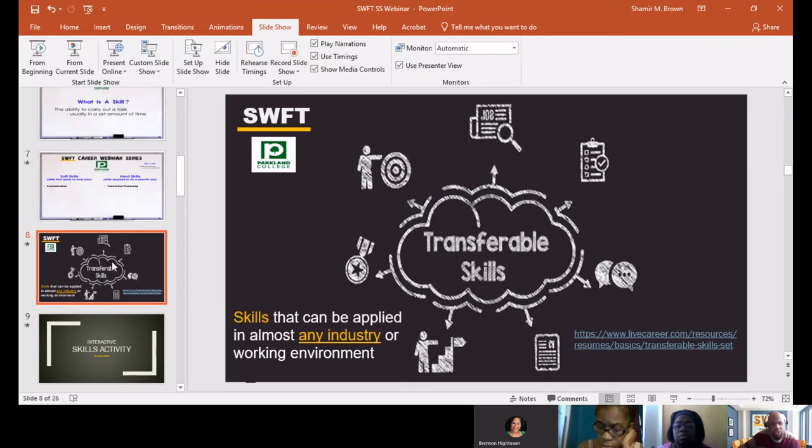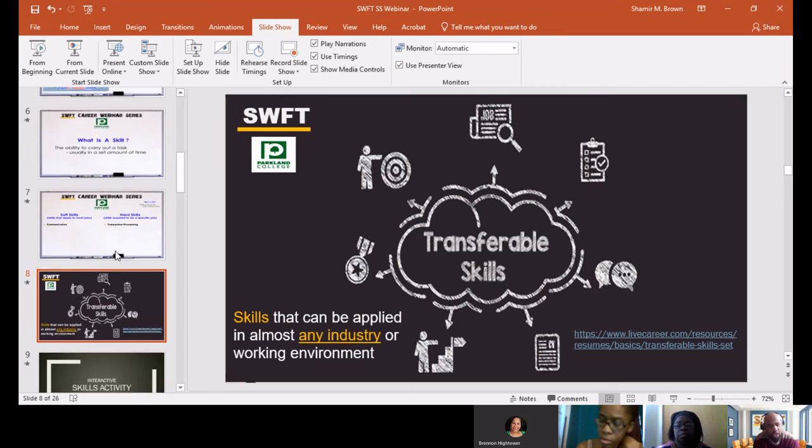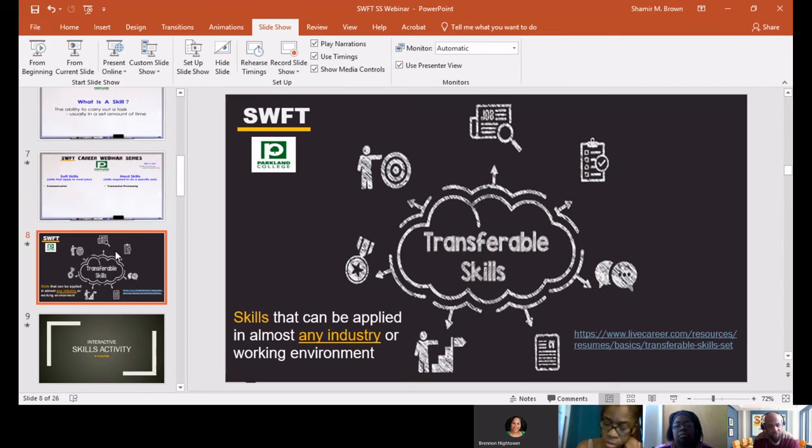Those skills are transferable because they apply in a hospital, at the local cable company, or if you went to buy paint from the hardware store, for example. Those are your transferable skills.